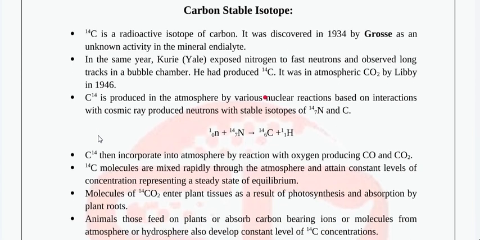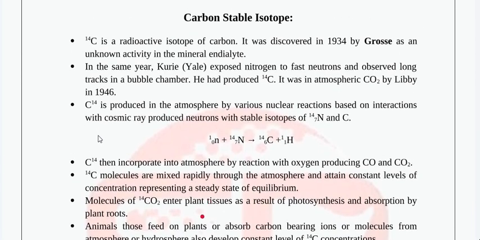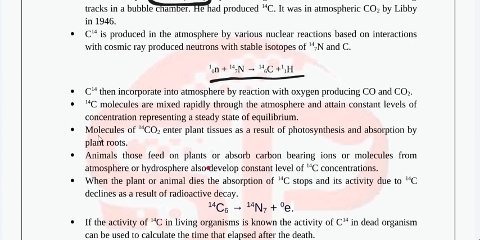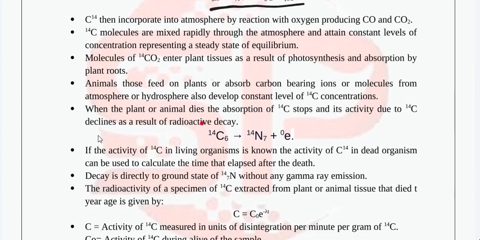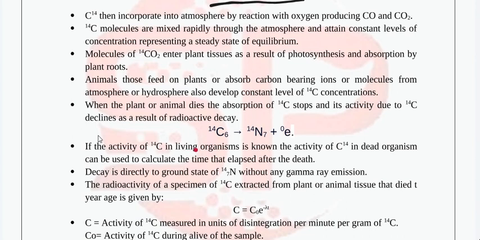So C14 is a radioactive isotope of carbon discovered by Gross in 1934, and its half-life was calculated by Curie, not that Marie Curie, another Curie. C14 is produced by neutron bombardment with nitrogen, as I have already told. Then photosynthesis happens and carbon reaches an equilibrium state with all living organisms on the earth.